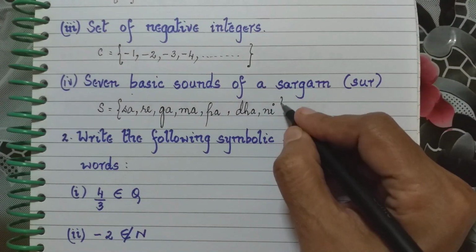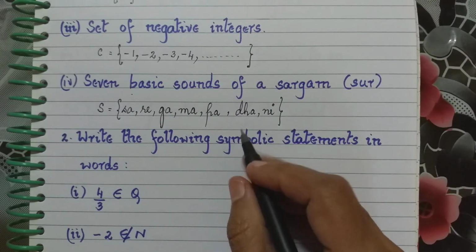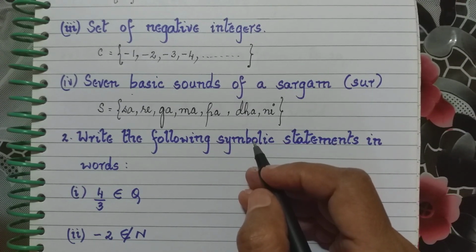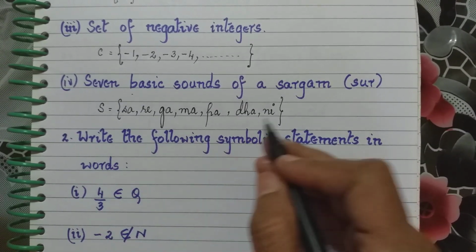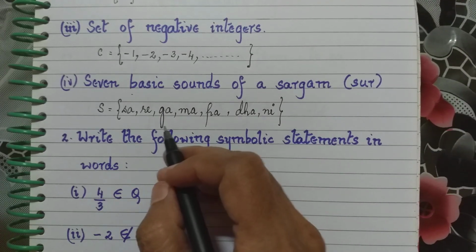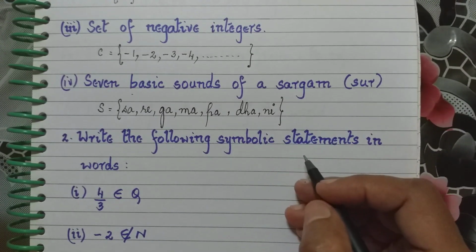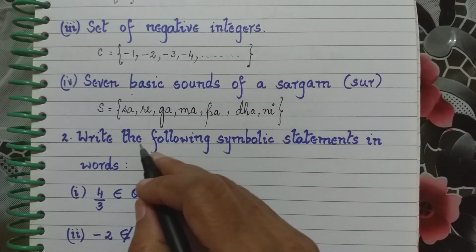So these are, if we know and if we can count the elements, here we have only 7 elements. You just can't write sa re ga and put dots and keep it. You have to list all the elements, even if they are up to 20 or 30 and we know the elements, we will list them.